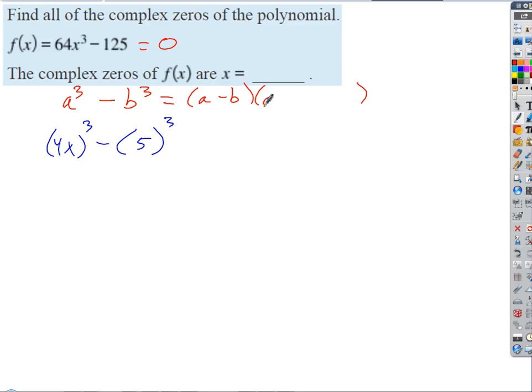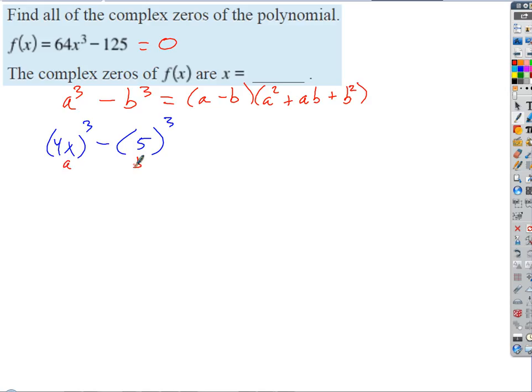A squared, okay, plus, good. AB, excellent. And minus, no, plus. The last one's always plus. Plus B squared. Good. There we go. Okay. So all we have to do is just match that stuff to our A and B, right?